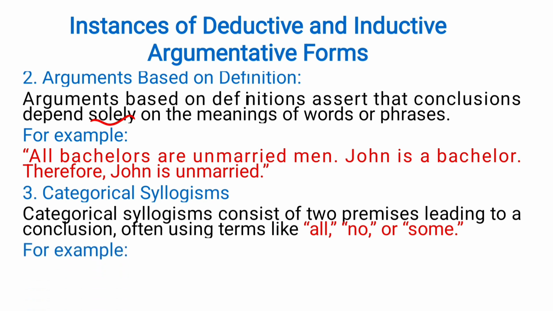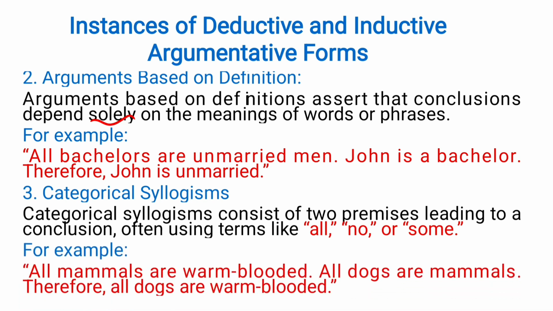Let's see an example. All mammals are warm-blooded and all dogs are mammals, therefore all dogs are warm-blooded. This argument is deductive because the conclusion necessarily follows from the premises. If all mammals are warm-blooded and all dogs are mammals, we are certain that all dogs are warm-blooded.